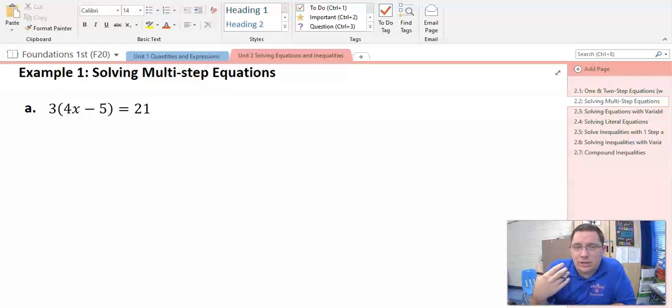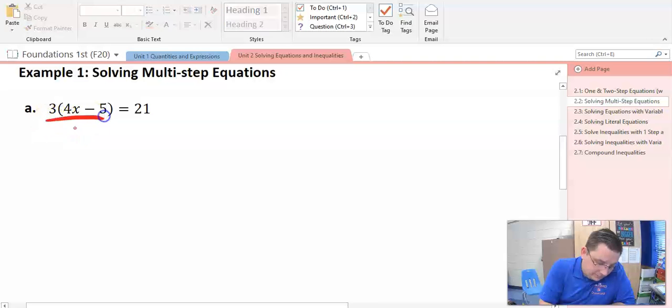It depends on what's on the other side. Now, I've got 21 over here, right? So I could divide both sides by 3, get it to cancel, and it comes out nicely, because 21 divided by 3 is 7. Or I could distribute this in and then deal with dividing later on in the problem. And if it comes out to a fraction, it comes out at the very end instead of at the start of the problem. So in this case, I will divide both sides by 3.